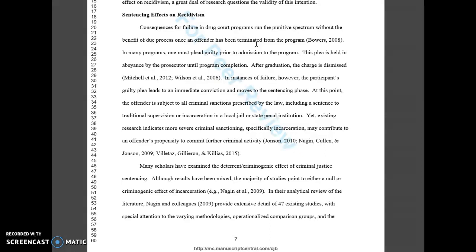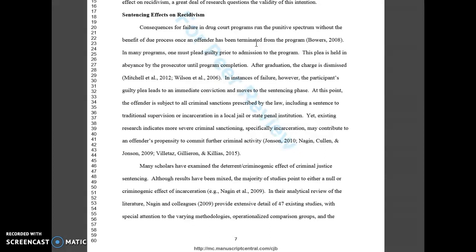As you know through reading this article, much of the literature suggests that sending someone to prison has a criminogenic effect on recidivism. People that go to prison, rather than being sentenced to probation, are more likely to recidivate. That flies in the face of our understanding of deterrence theory.